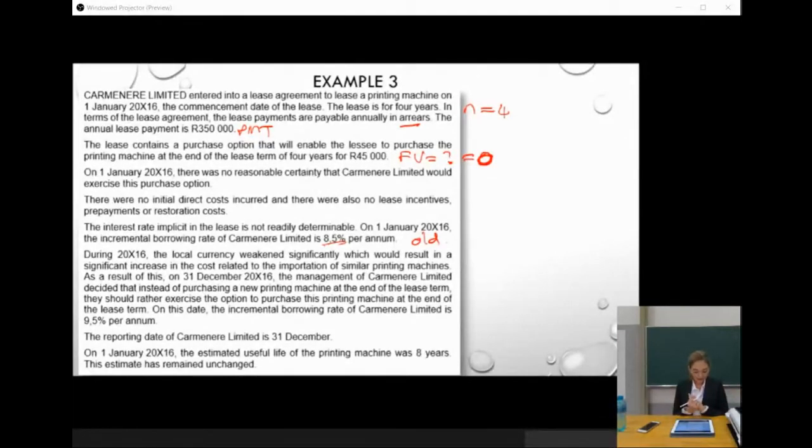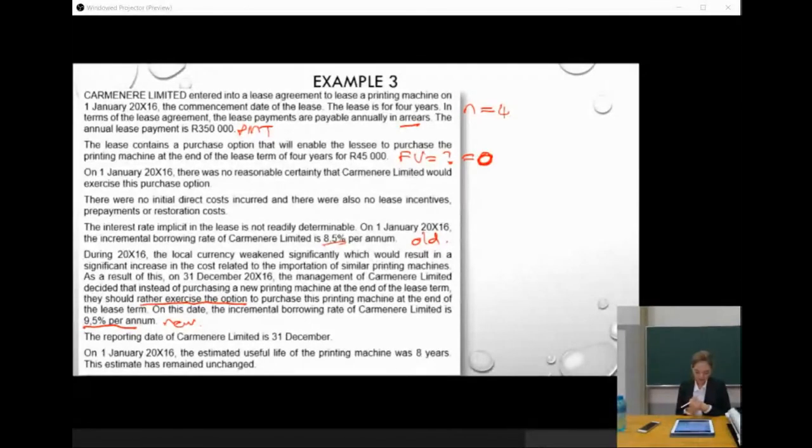Now, a few years later, at the end of the current year, what happened was the prices of new machines went up. So we decided that we are going to exercise the option. And at this date, the incremental borrowing rate was 9.5% per annum. So that's my new rate. Okay, 31 December reporting date. Estimated useful life on the printing machine was 8 years.